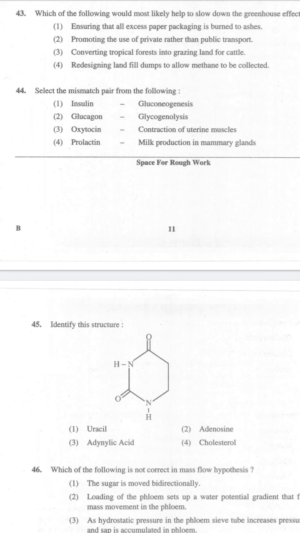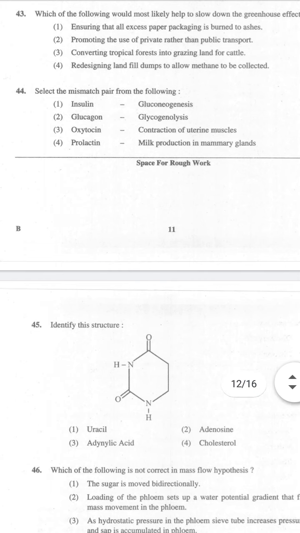Then glucagon is secreted by alpha cells of the pancreas. It stimulates the conversion of stored glycogen into glucose. That is called glycogenolysis. And oxytocin is secreted by the pituitary gland, helps in contracting uterine muscles during childbirth.